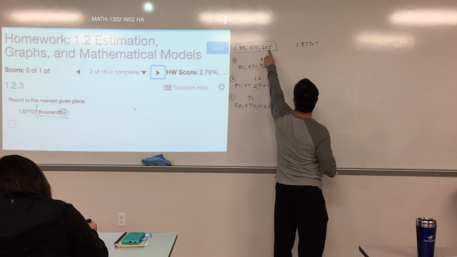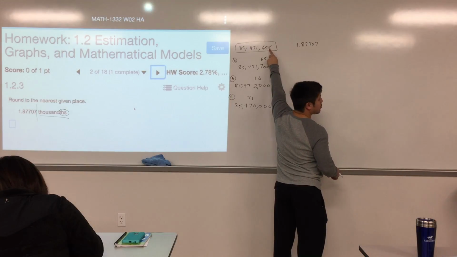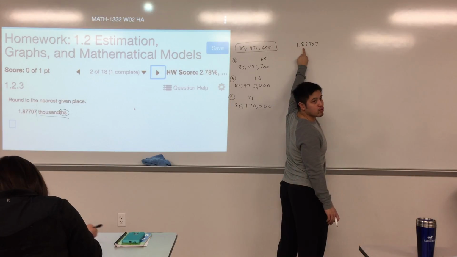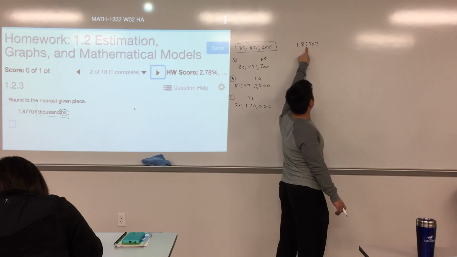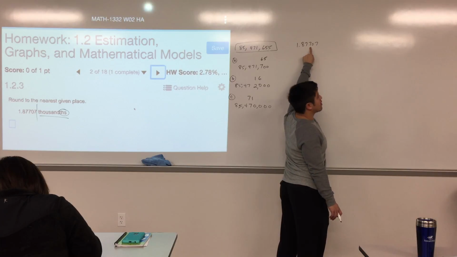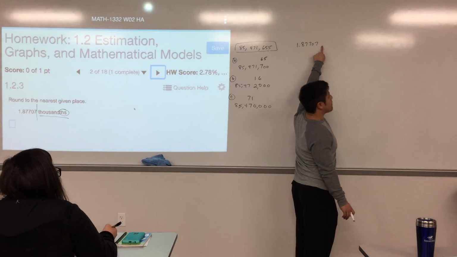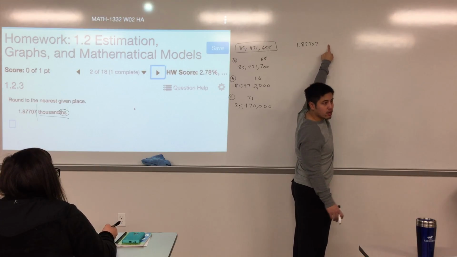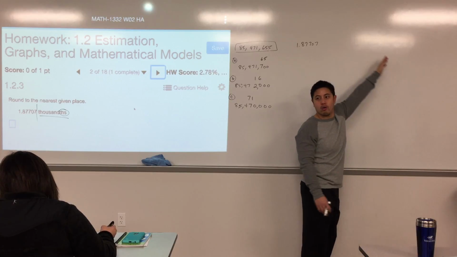Decimals don't start with a ones place. They start with a tenths place. 8 is in the tenths place. Then hundredths, then thousandths, then 10,000ths, 100,000ths, millions, 10 millions, 100 millions, billions, and so on.